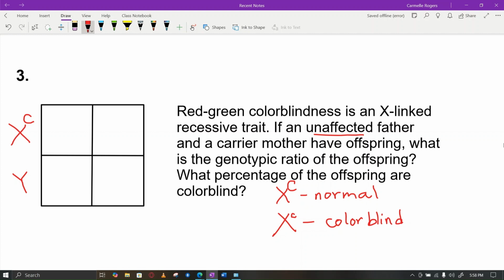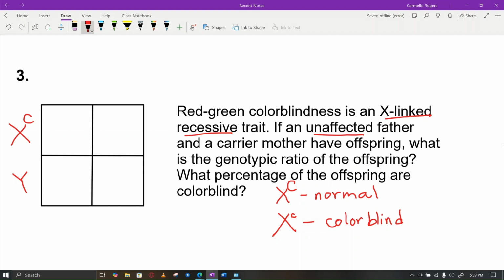And again, this is X-linked recessive, and in order for the trait to show up, there would have to be two missing copies. And again, for males, they don't have a copy on their Y. And so if they inherit a recessive, if they inherit the X lowercase c, then they'll end up being colorblind.